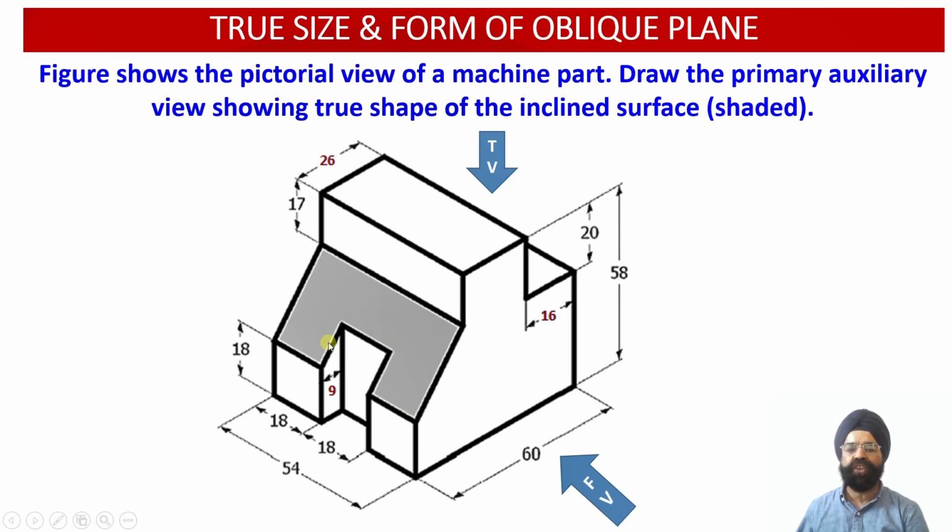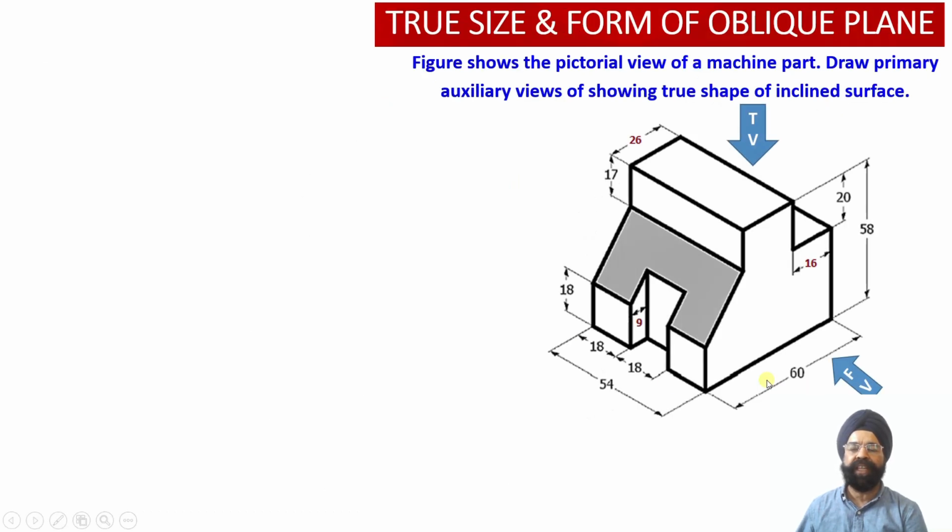The projections of these 8 points onto the auxiliary inclined plane, which is parallel to this sectioned inclined surface, will provide us with the information regarding the true shape and size of this inclined section surface.